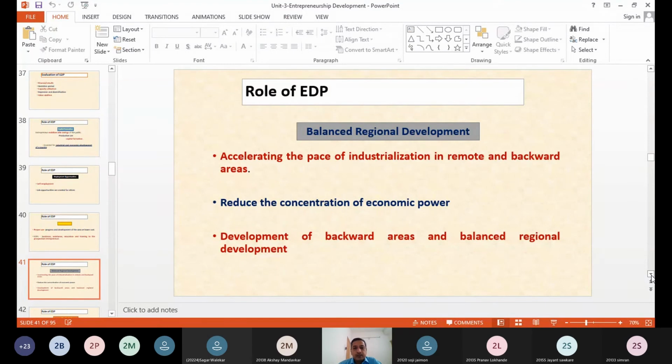And thereby it reduces the concentration of economic power only in few hands at urban cities. The industries are settled in different backward areas, remote areas, and with the help of this, the backward areas are also developed, and there is a balanced regional development.